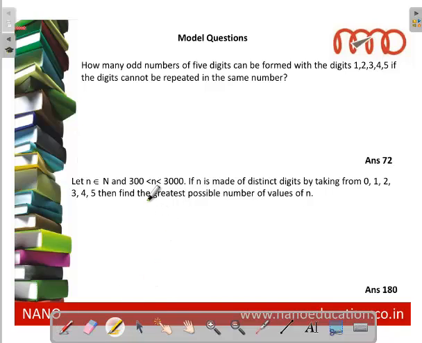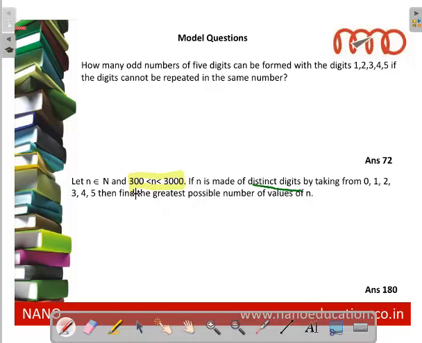So n has to be formed using the digits 0, 1, 2, 3, 4, 5, with distinct digits, repetition of digits not allowed.